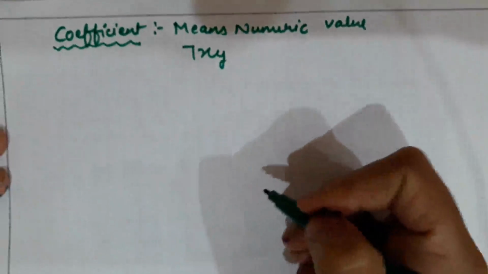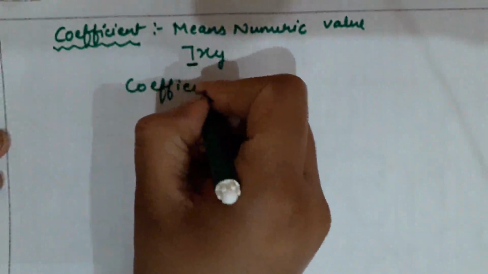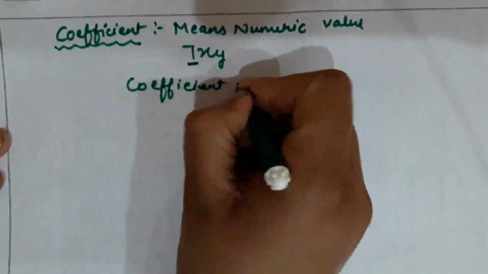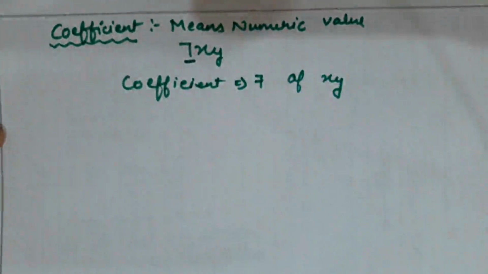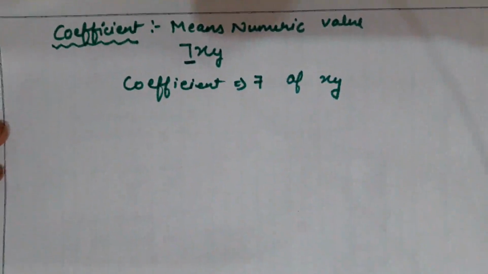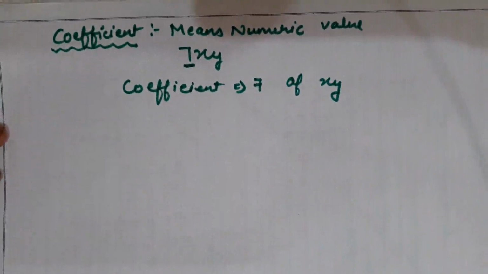Numeric value means number. So 7 is a numeric value. So the coefficient is 7 here of xy. xy is the variable here and 7 is the coefficient here. Getting my point? Okay.